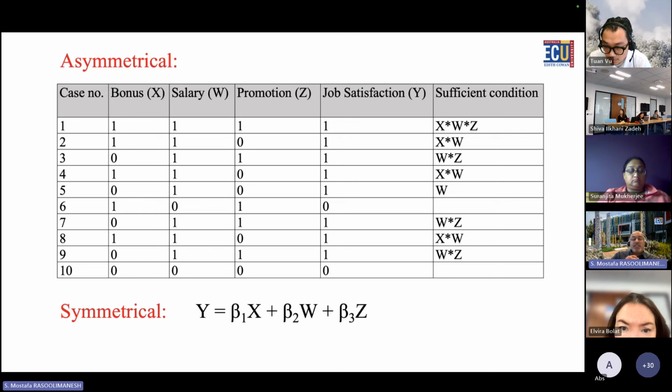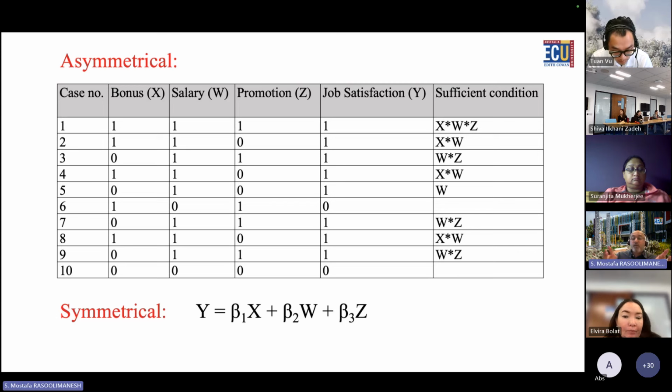Based on these, we can say whether beta 1 is significant, whether beta coefficient 2 is significant or not, and whether 3 is significant or not. Based on the significance of a beta coefficient, we can conclude which factor has a significant effect on Y, and which one has no significant effect.